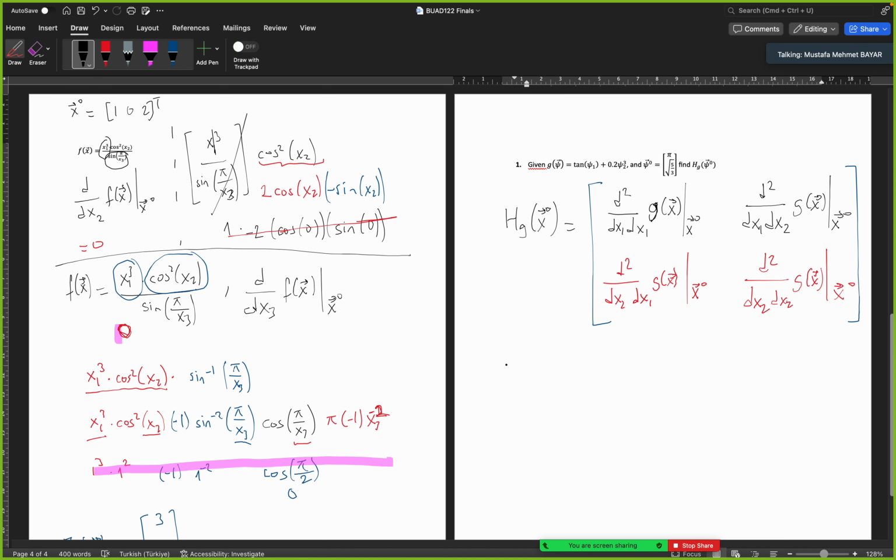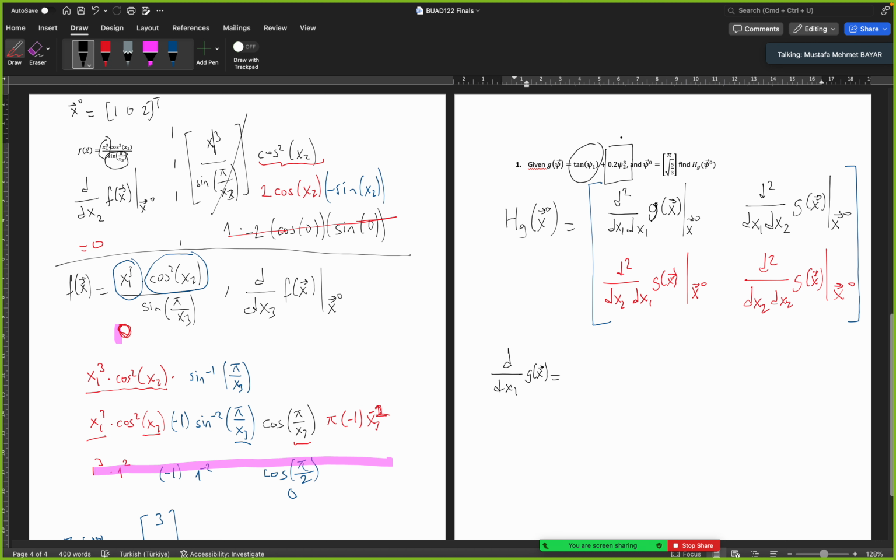So let's begin with the first one. I will first try to compute d over dx1 g of x, and when I try to do this, I see that here I have a term of x1 and then I have a term of x2. The term with x2 is just a constant, and a constant differentiated is just 0 for me.